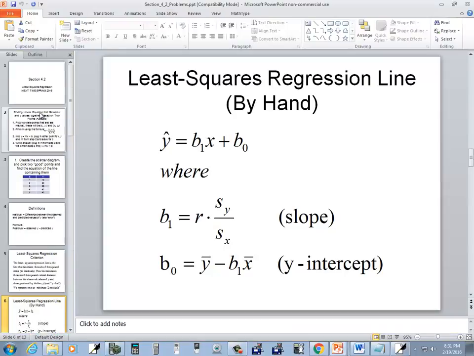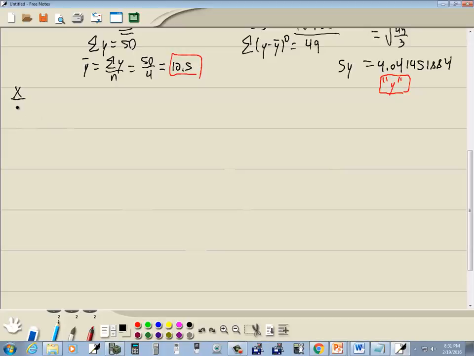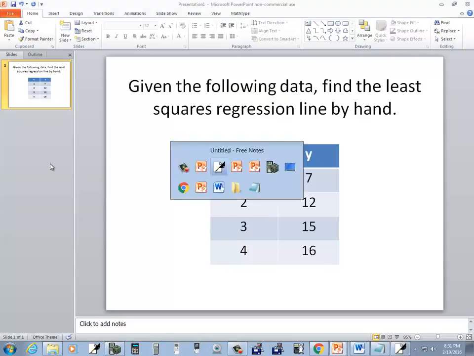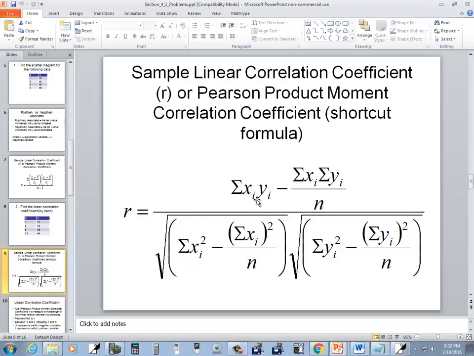So we're going to write down our x values: 1, 2, 3, 4. Then we'll write down our y values, which are 7, 12, 15, and 16. Now we need to sum the x's and sum the y's.